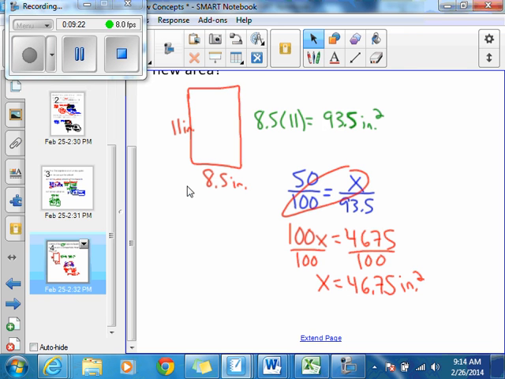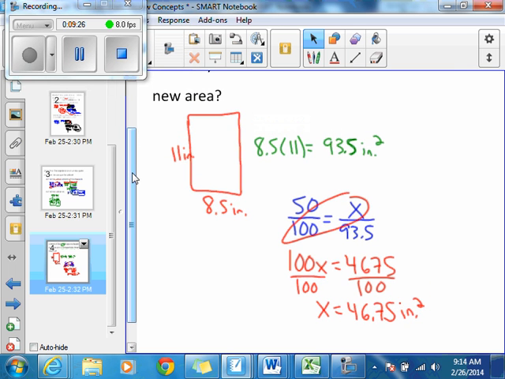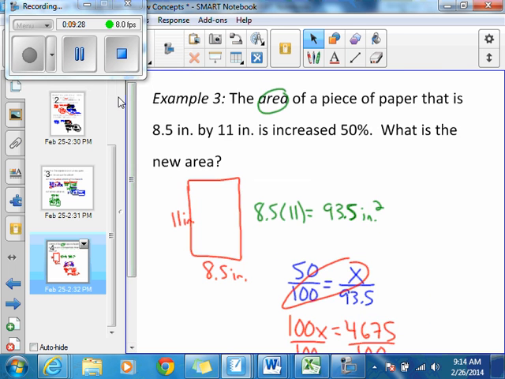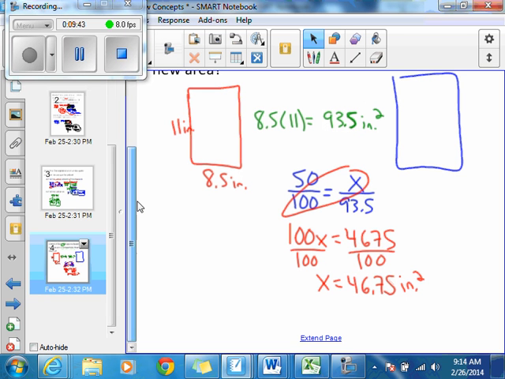Let's see if that answer makes sense. The area of my piece of paper is increased 50%, which means it's going to get bigger. So if my area gets bigger, is it going to go from 93.5 all the way down to 46.75? No, it's not. 46.75 is actually how much it gets increased by. So if it's increasing, it's going up.